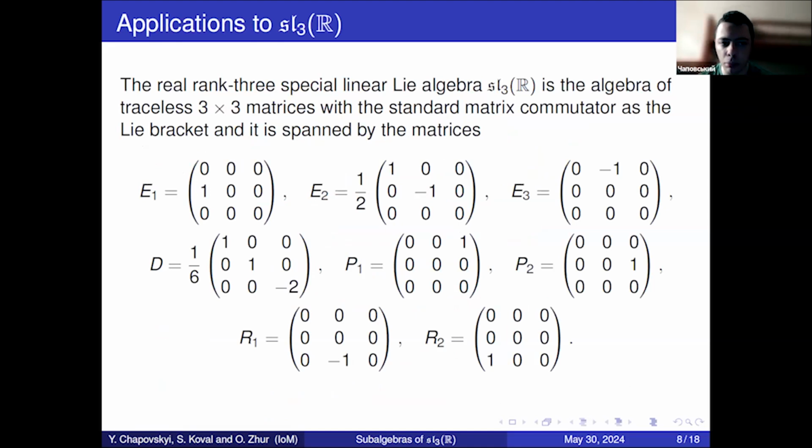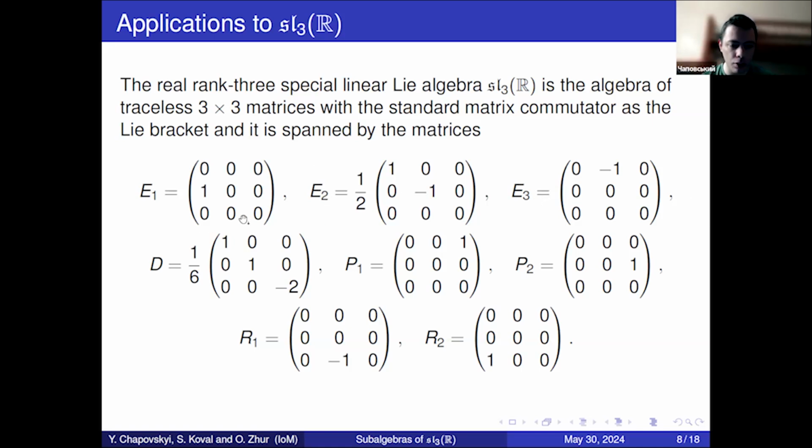Next, let us apply the previously mentioned algorithms to the case of the special linear algebra of rank 3. Below, we give the basis we are working in. It's a pretty natural basis. E1, E2, E3 make the basis of SL2.